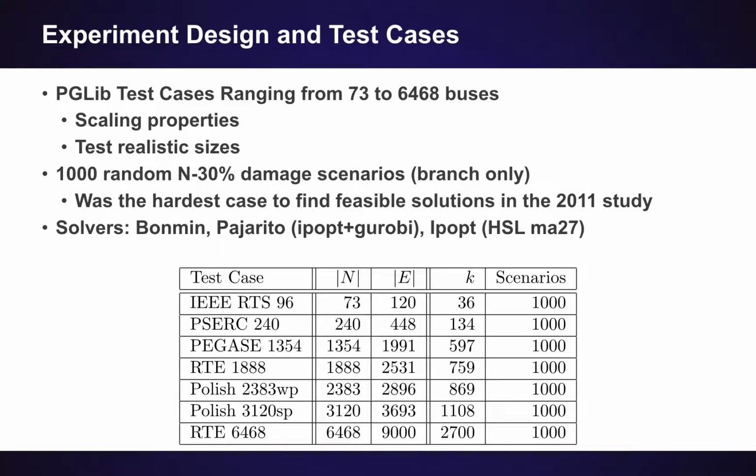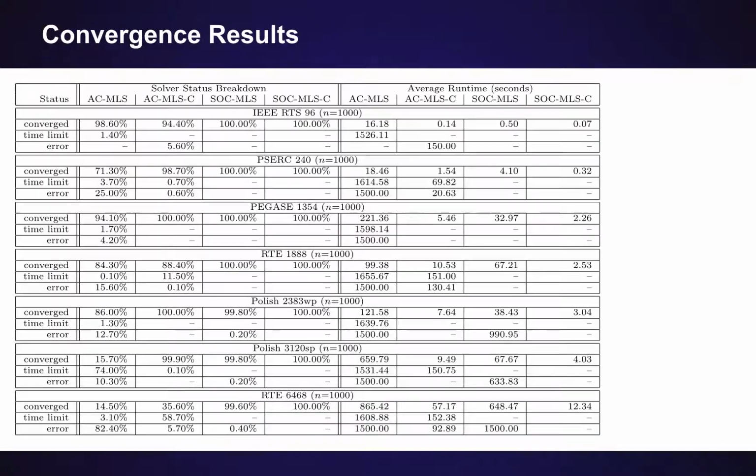And then for the continuous problems, second order cone or AC nonlinear, we use Ipopt compiled with the HSL linear algebra library. And using the HSL library is actually quite valuable and important to getting good performance and reliability.